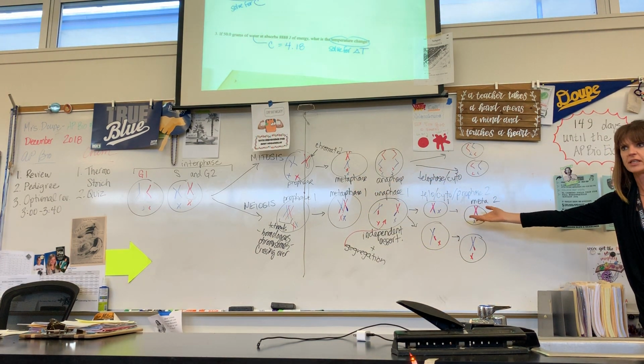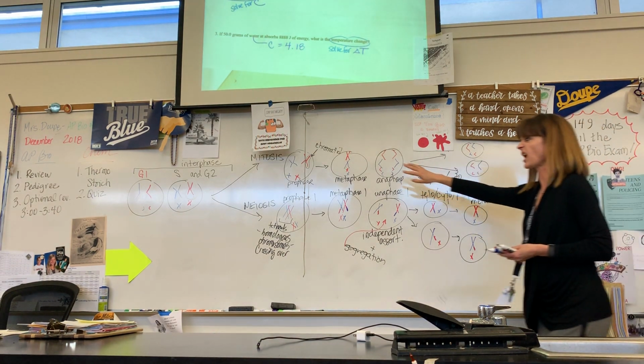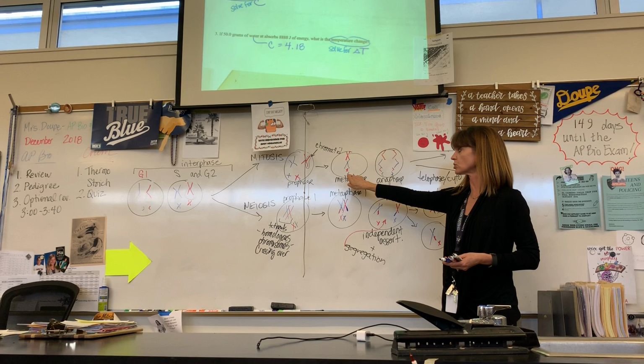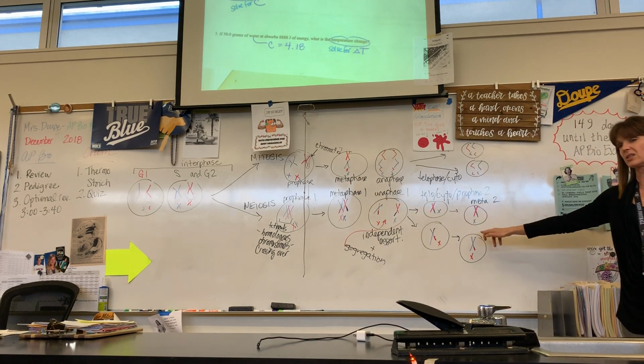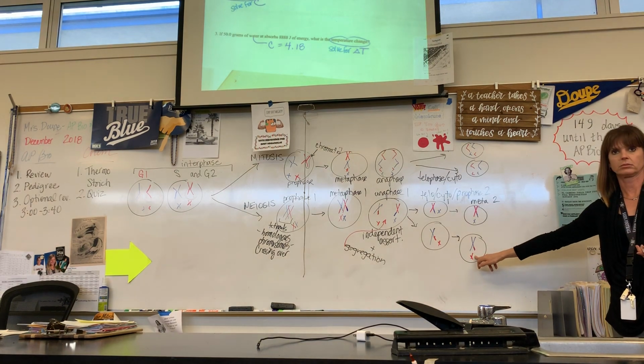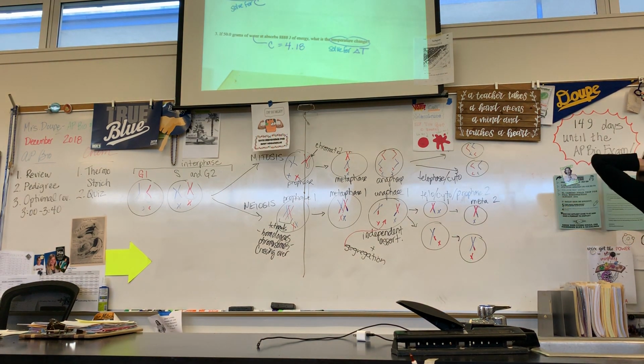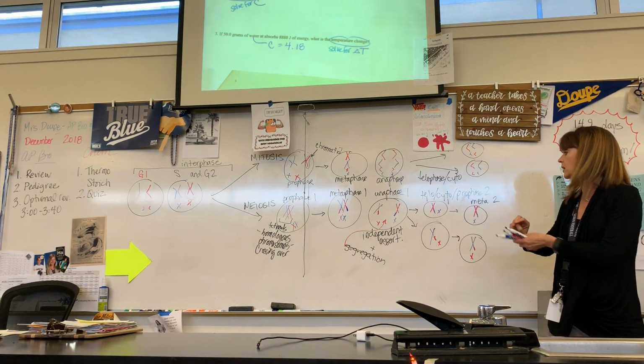But here, I've already eliminated some of the duplicates. I used to have 2 bigs and 2 smalls, and now it's still a single file line, but I only have 1 big, 1 small, and then another cell with 1 big, 1 small. So if you only see one of each type, you know it has to be meiosis, because in mitosis we always have one from mom and one from dad.